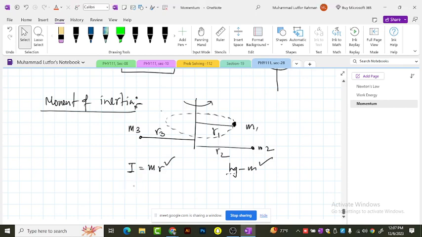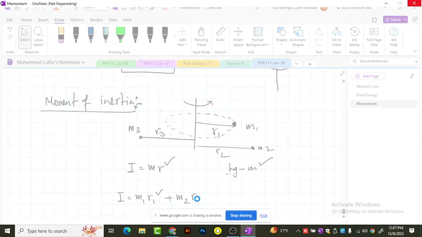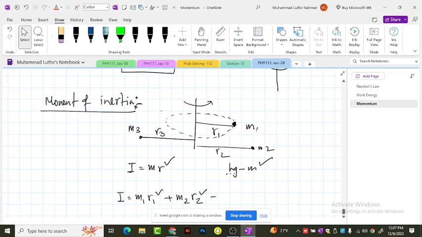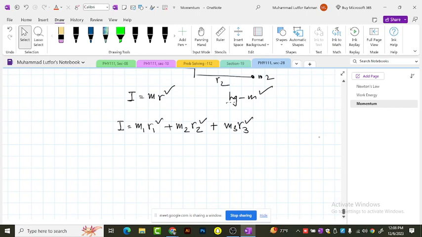Then the moment of inertia for these three point masses, I'll write, I should be M1 R1 square plus M2 R2 square plus M3 R3 square, right? So if I have more than three masses, let's say I have n masses in the system, I will write so on.